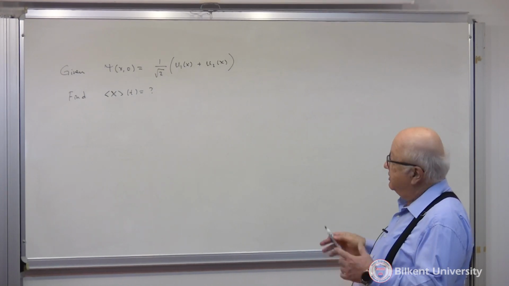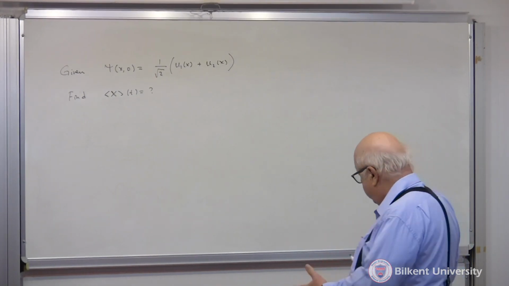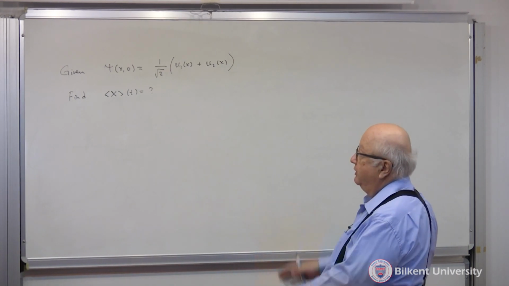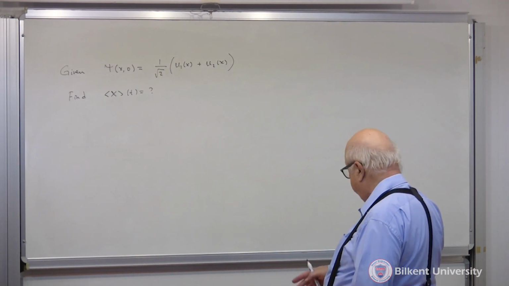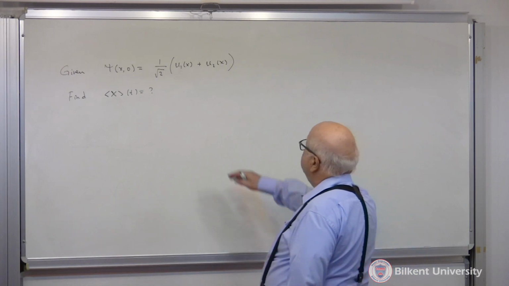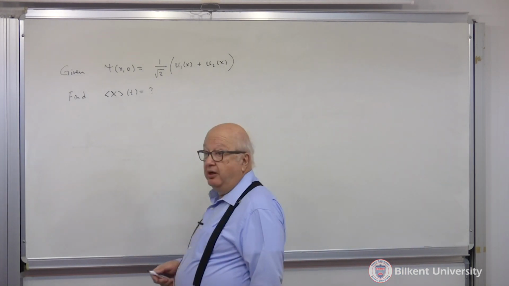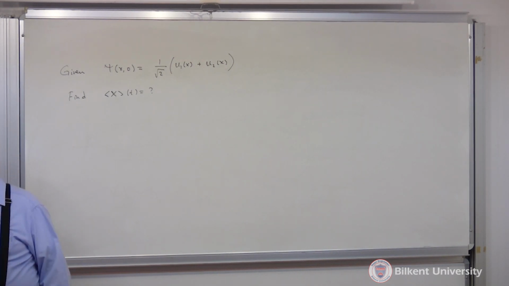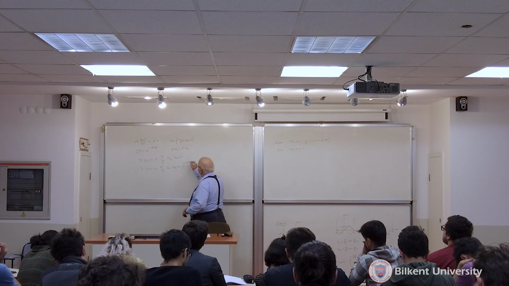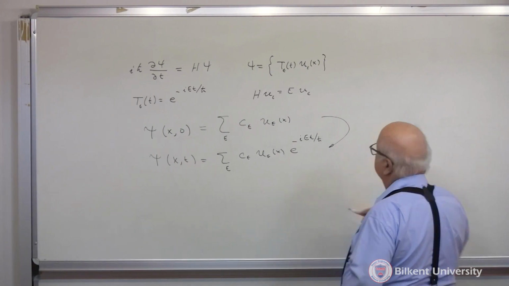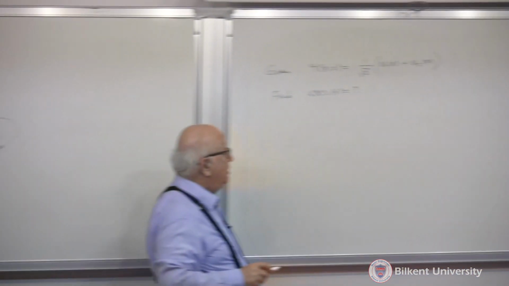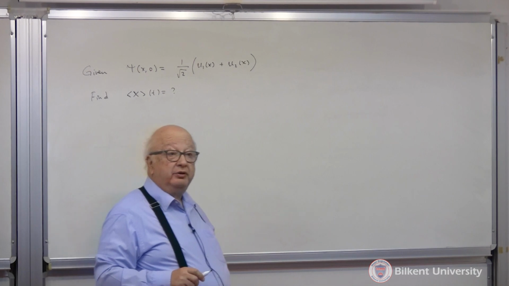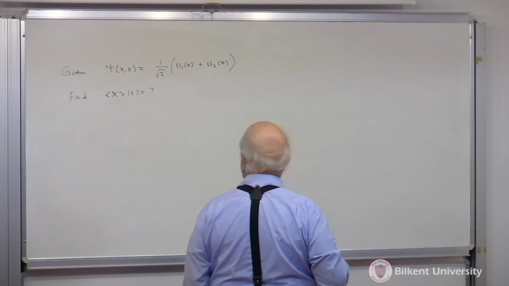So for this problem, we have already solved the Schrödinger equation. We know the u1s and u2s and such things. All we need to do is apply the form going from the initial condition to the time-dependent form, and then calculate what the x of t is.